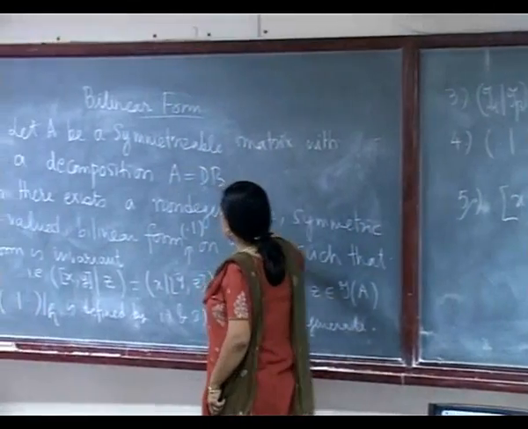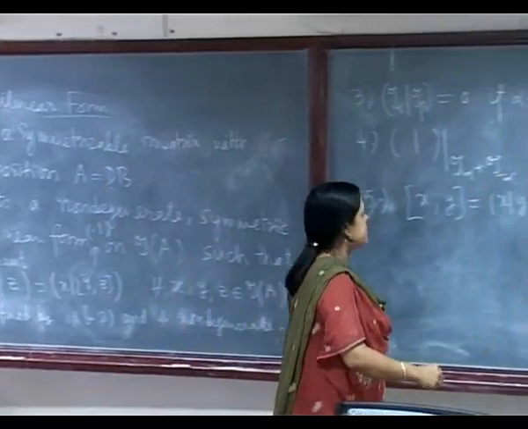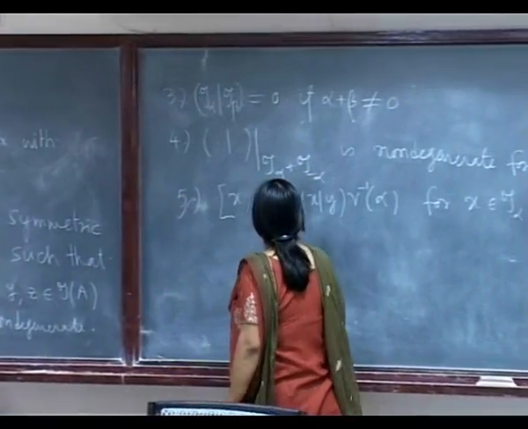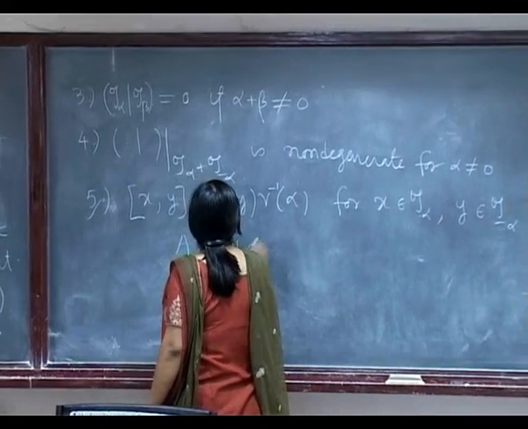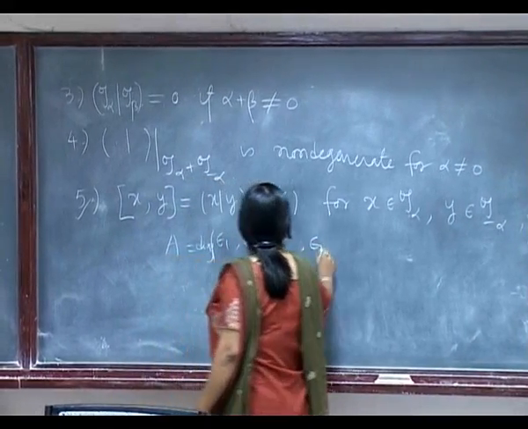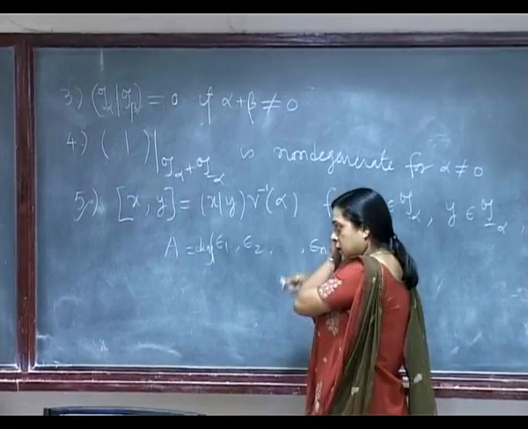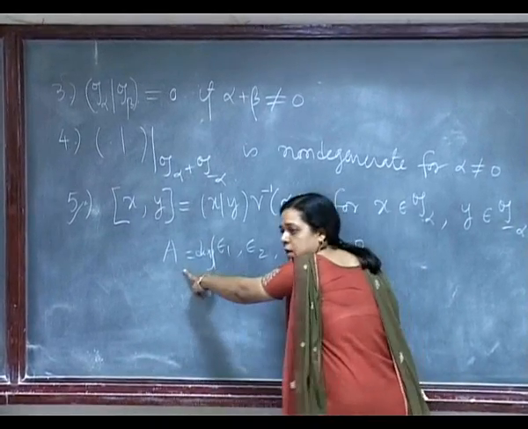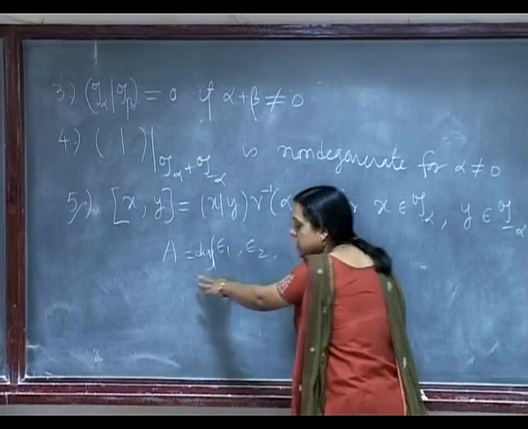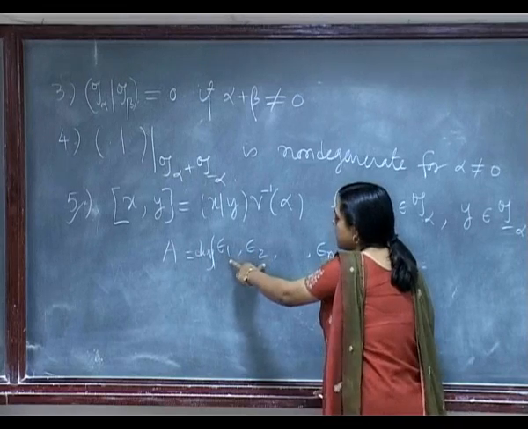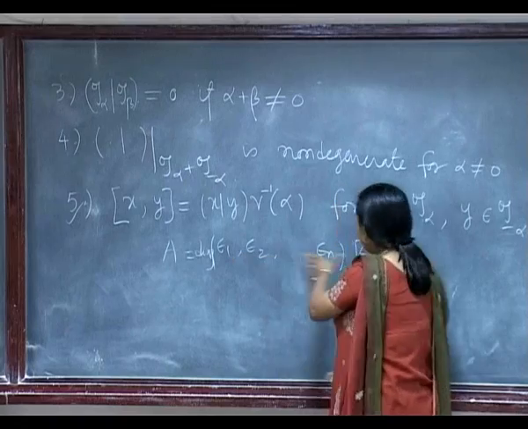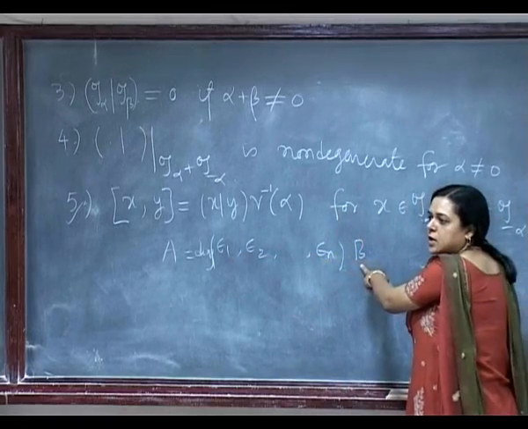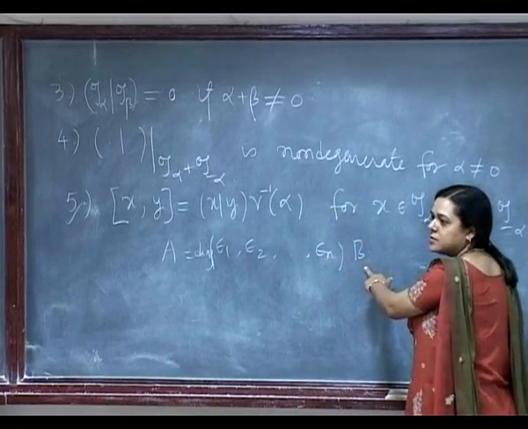A is this diagonal matrix epsilon 1, epsilon 2, up to epsilon n, times B, and we can replace these by positive rationals, and B is a symmetric rational matrix.